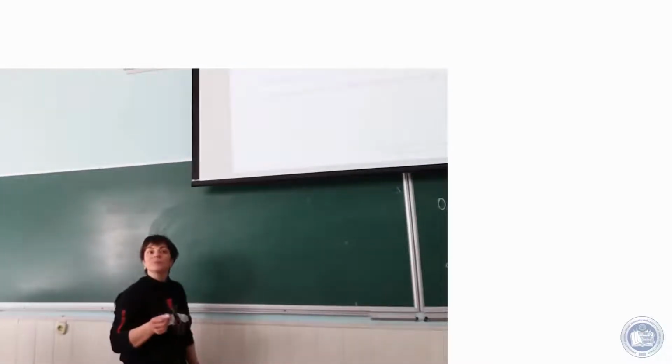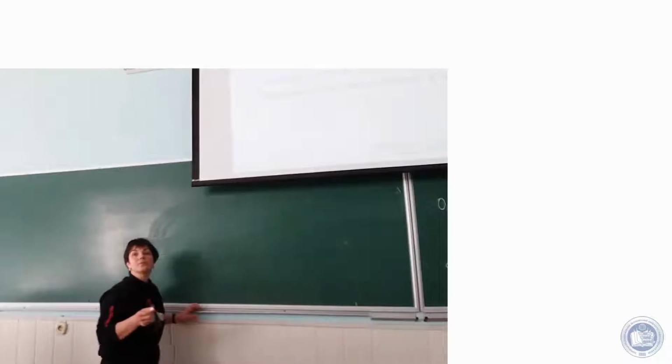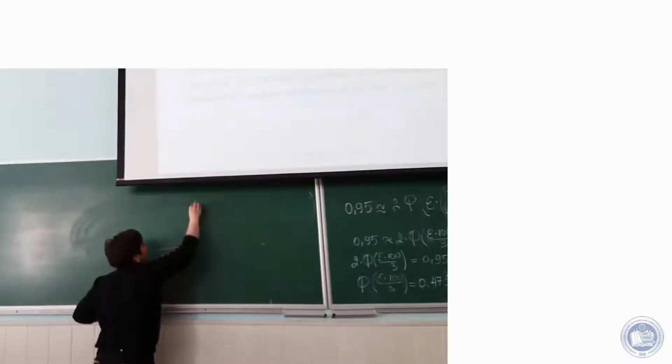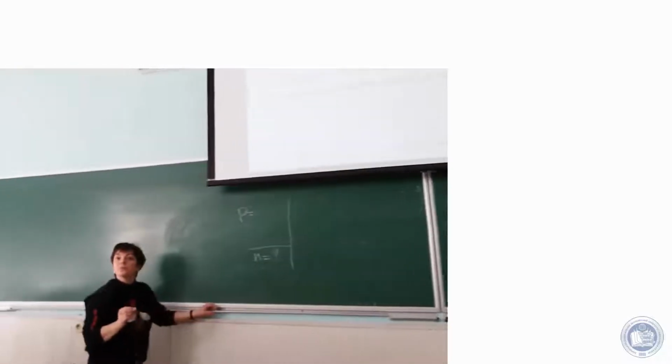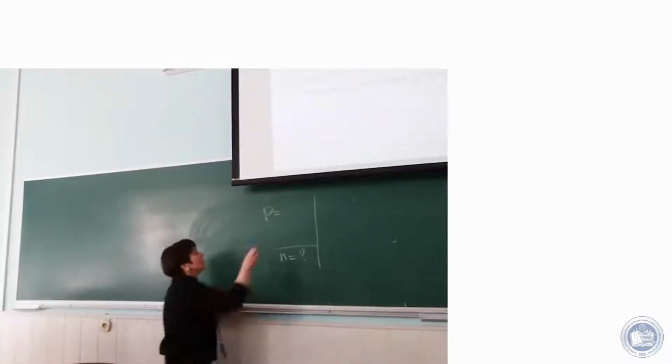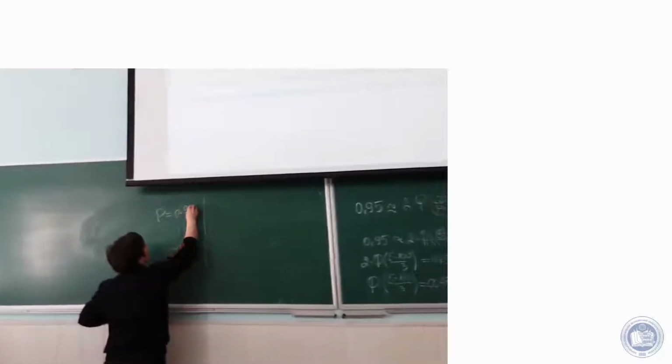How to explain number of students? What is it? It will be n. Okay, n is unknown. Do you know capital P? It will be 0.91.